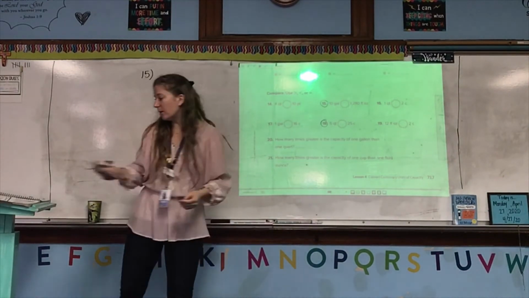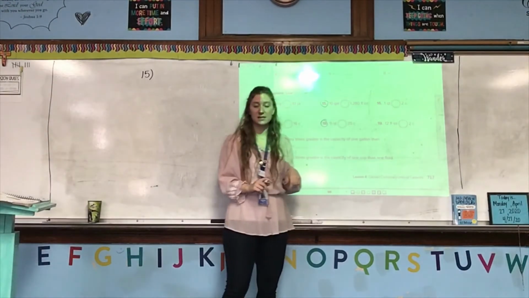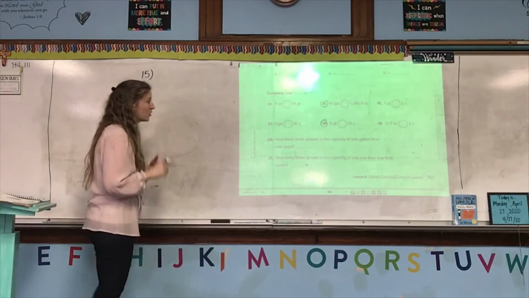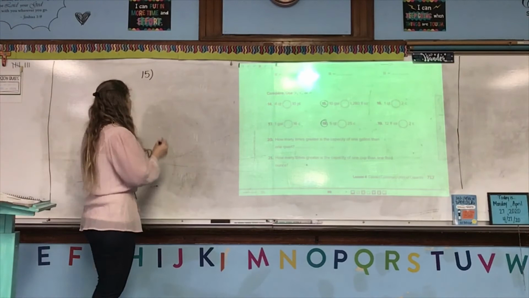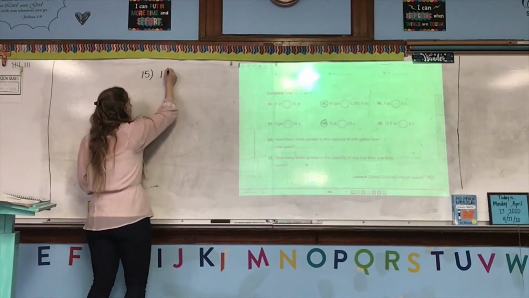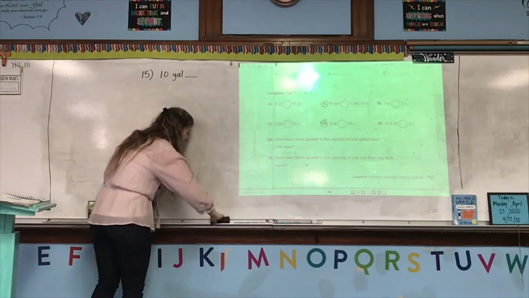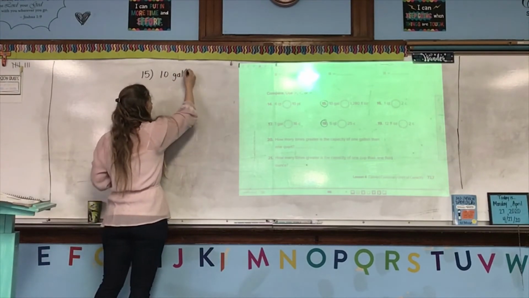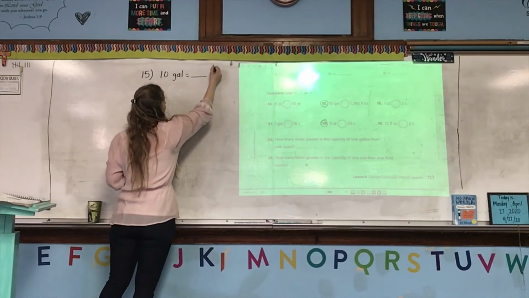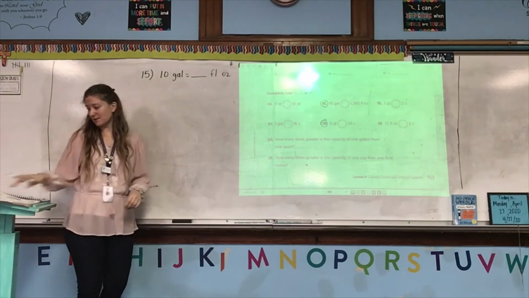So we are going to start with gallons and we are going to convert them to fluid ounces to see which one is greater than the other. So we're going to go to our separate sheet of paper. We're going to start with 10 gallons and we are going to figure out how many fluid ounces are in 10 gallons.